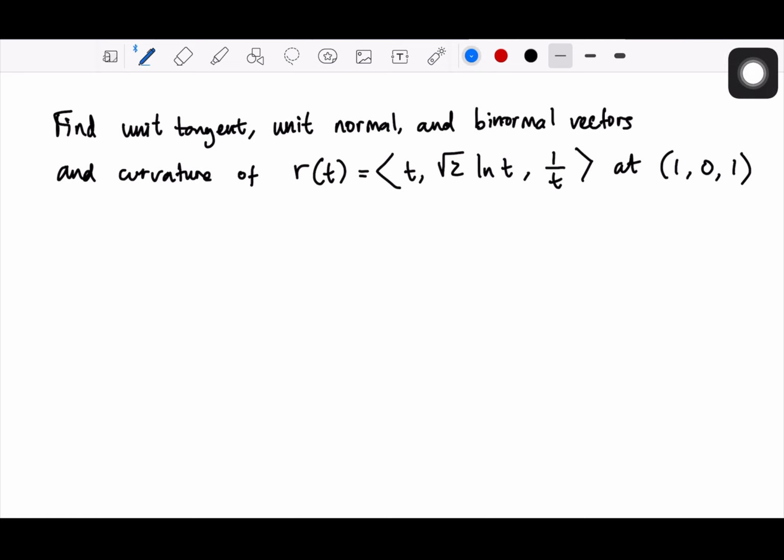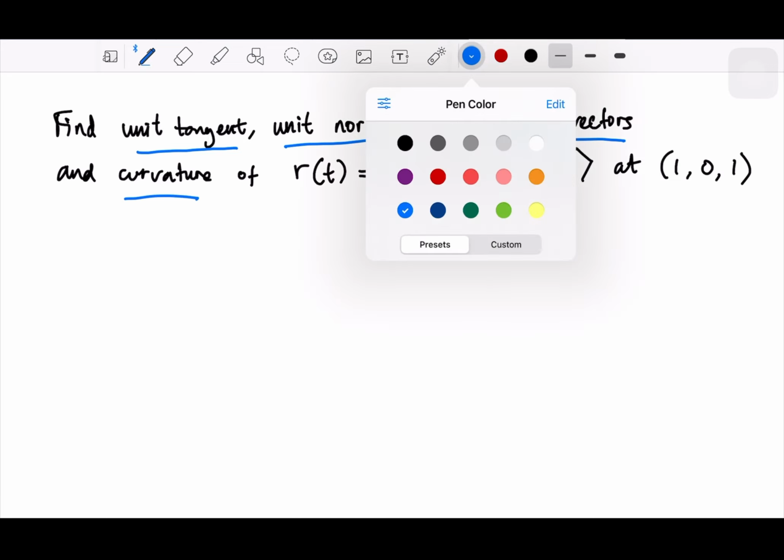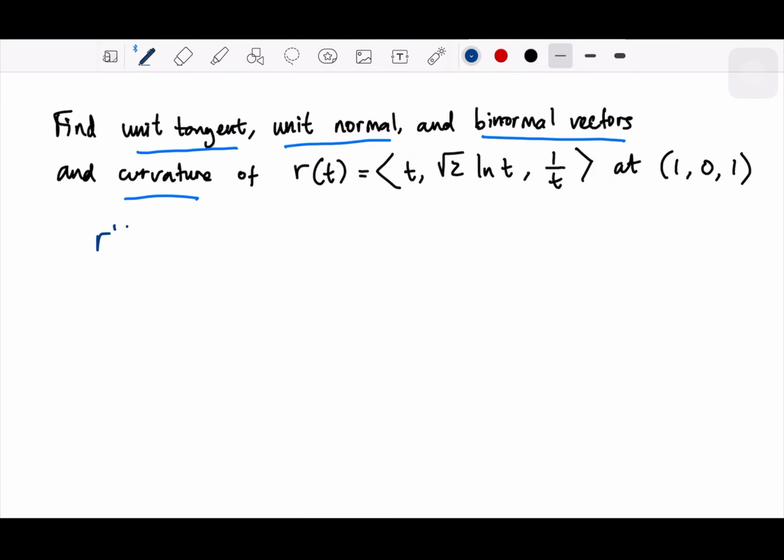So it's asking for T, N, B, and the curvature. To write down, first we can derive the function, and then find its magnitude.